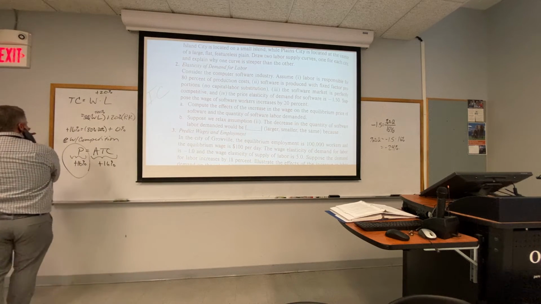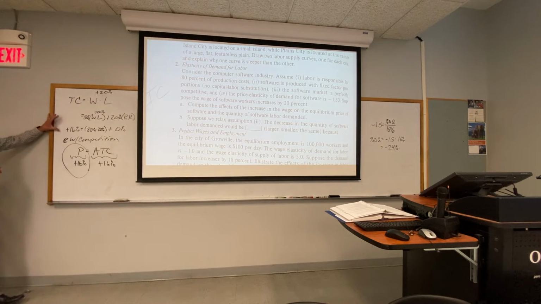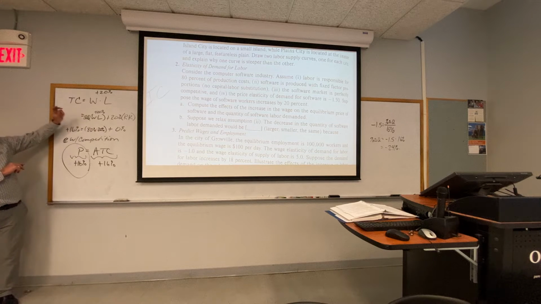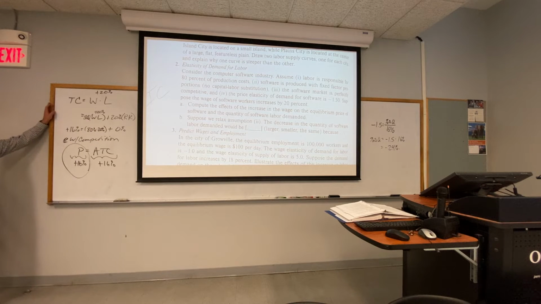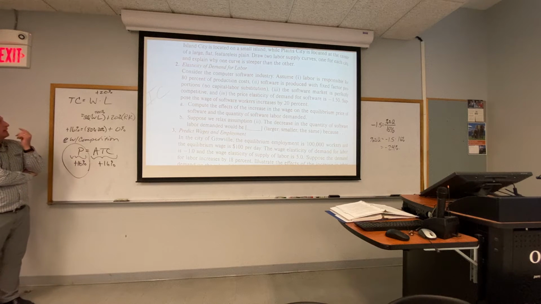So here what happened, we had the 80% thing, but now we had a 16% bump. And so would the decrease in the quantity of labor, software labor demanded be smaller or larger? Smaller? And why? Because we're going to change our percentage there to have more of the cost on capital.